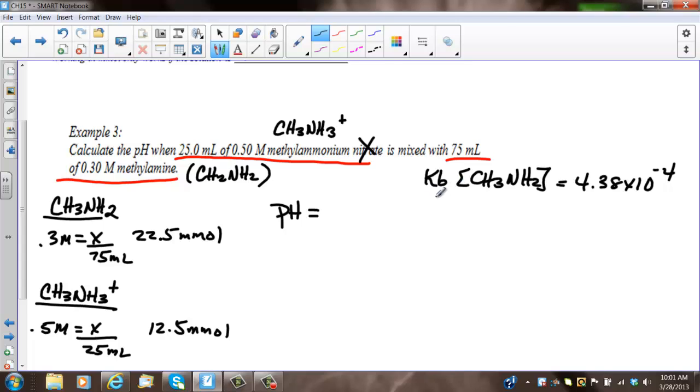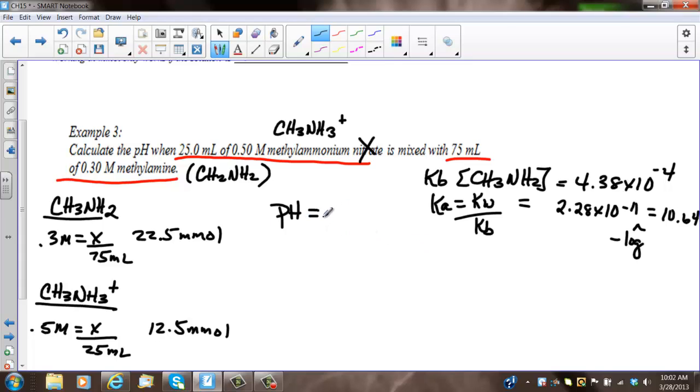So to find my Ka, Ka is basically going to be equal to Kw divided by Kb. So that's going to be equal to 2.28 times 10 to the minus 11. And then if I want the pKa of that, I just did the negative log right here, and I got 10.64.